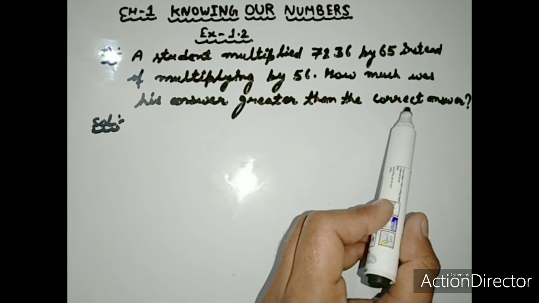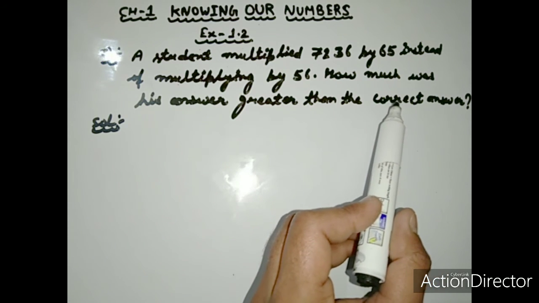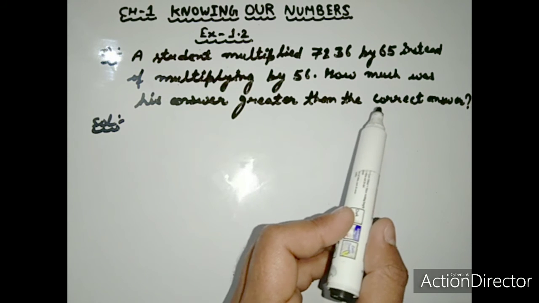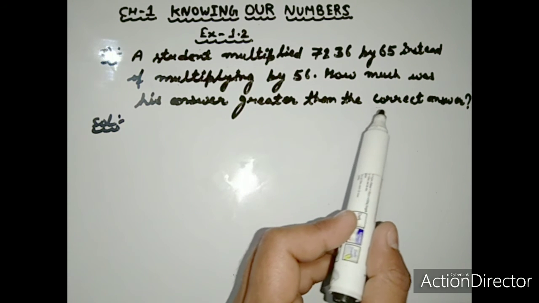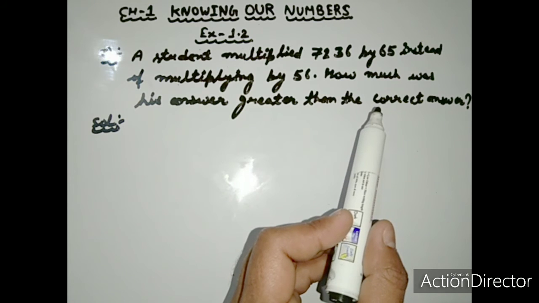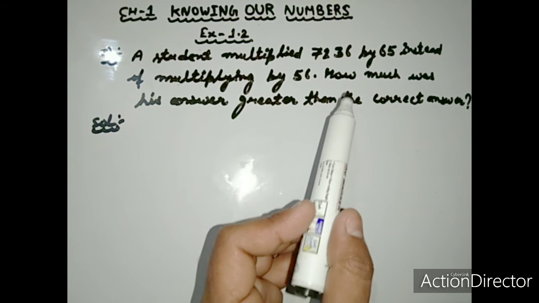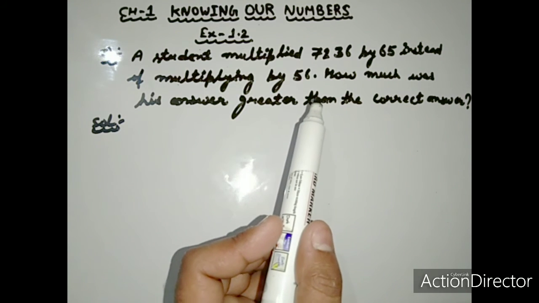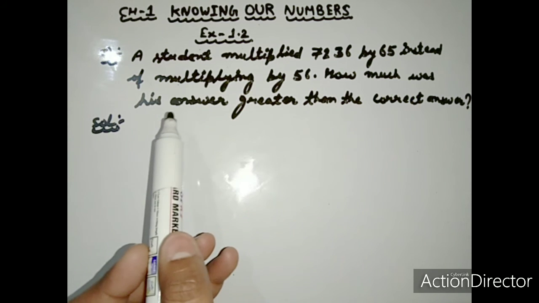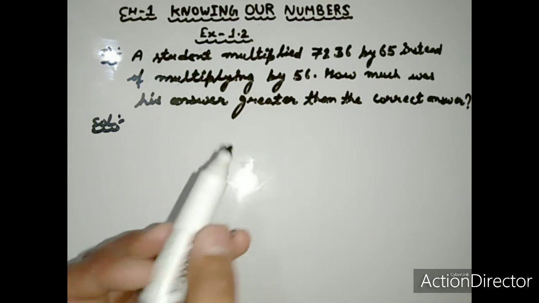So here we find the two answers, correct answer and a wrong answer, and after that when we get a correct answer and a wrong answer, then we subtract wrong answer and the correct answer. So here we get how much his answer greater than the correct answer.